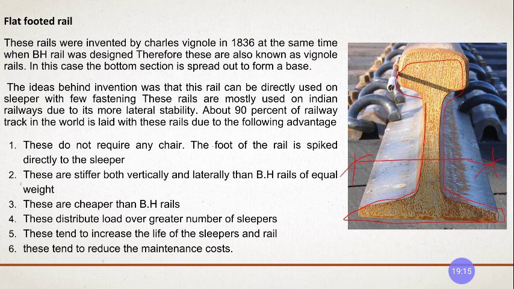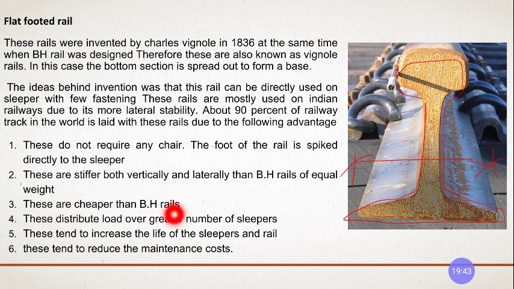Right? The first one is, these do not require any chairs. The foot of the rail is spiked directly on the sleepers. These are stiffer both vertically and laterally than the bull-headed rails, equal to the weight. They are equal to the weight of the bull-headed rails, but they are more stable than bull-headed rails.